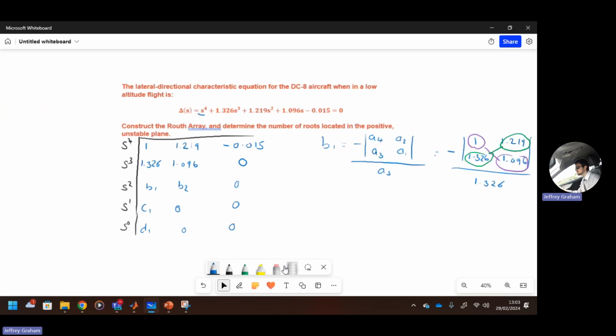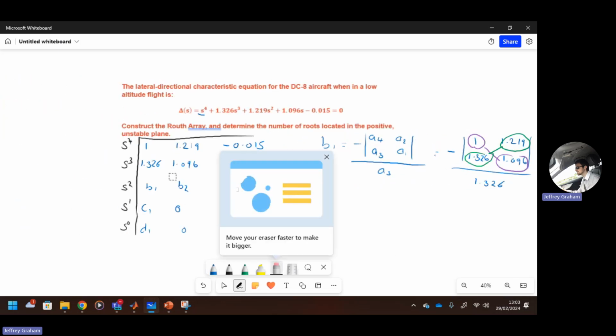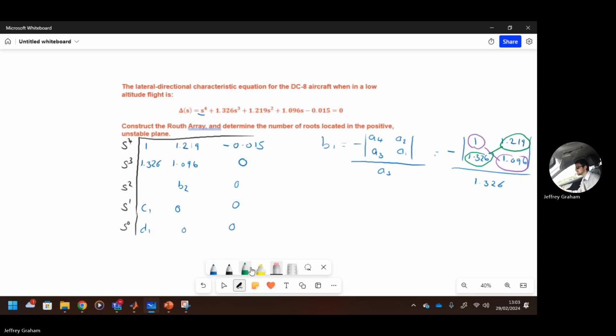So the first thing while I'm over here, I will stick in B1. Right, B2. First column stays the same. We then move across to A0 and 0, and still all over A3.